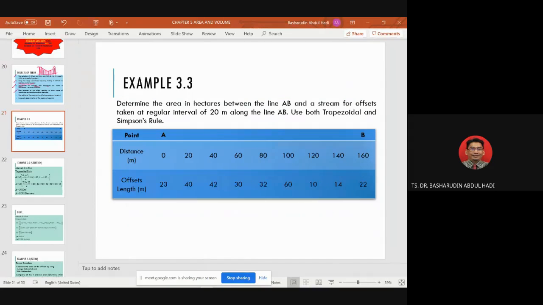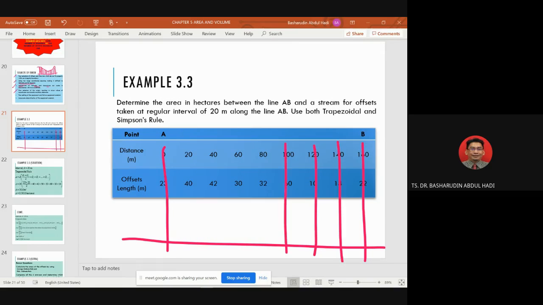Okay, this is example 3.3. If you plot this, it is something like your earth profiling.